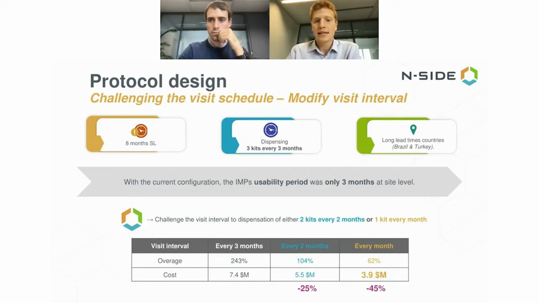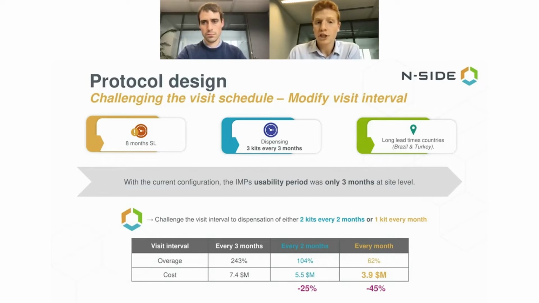The problem is that the waste, as you can see in the baseline, was over 200%. So the overage was over 20%. So we tried to reduce the overage. And for that, as we couldn't change anything for the shelf life, neither for the country selection, we tried 2 scenarios.